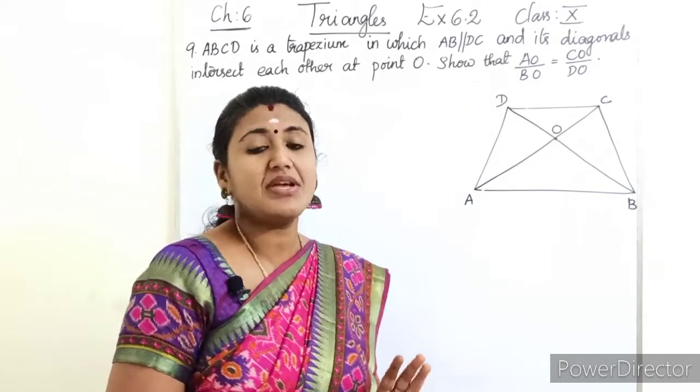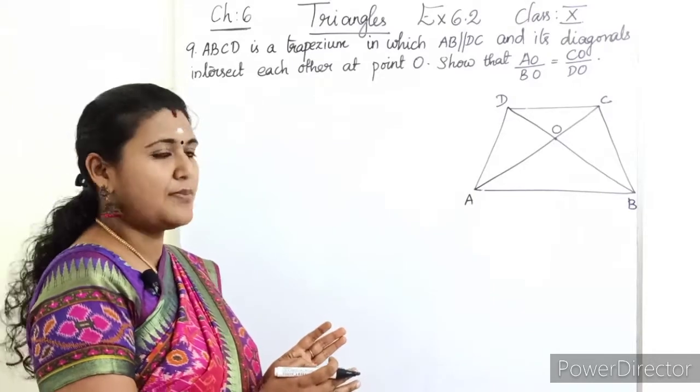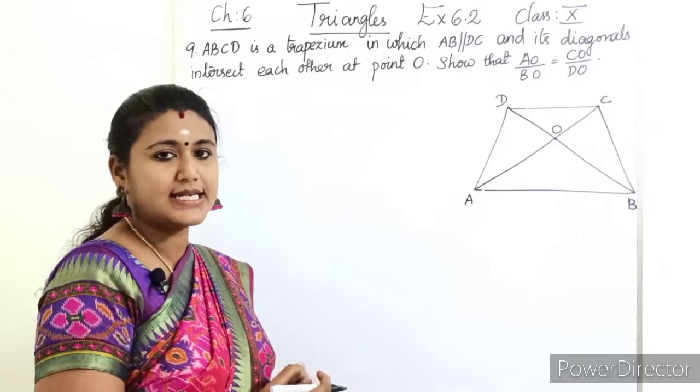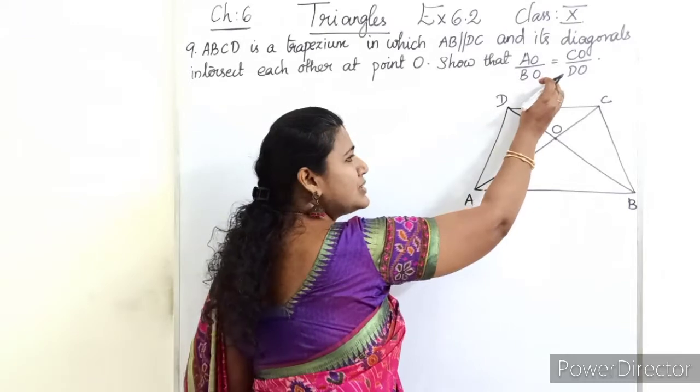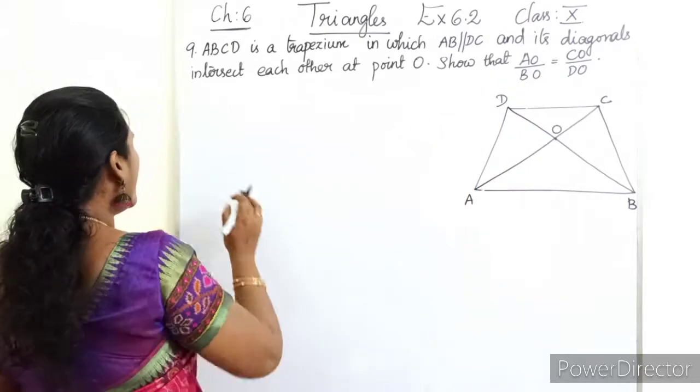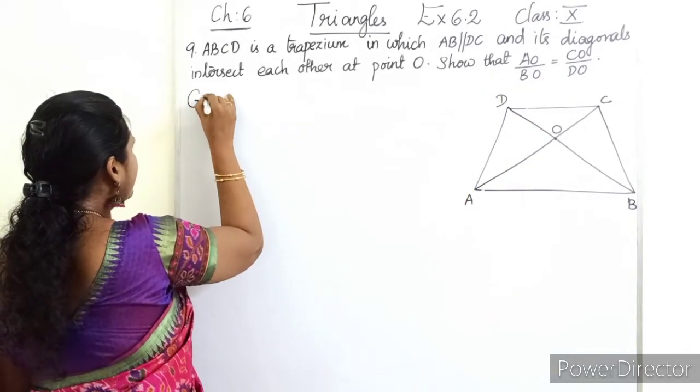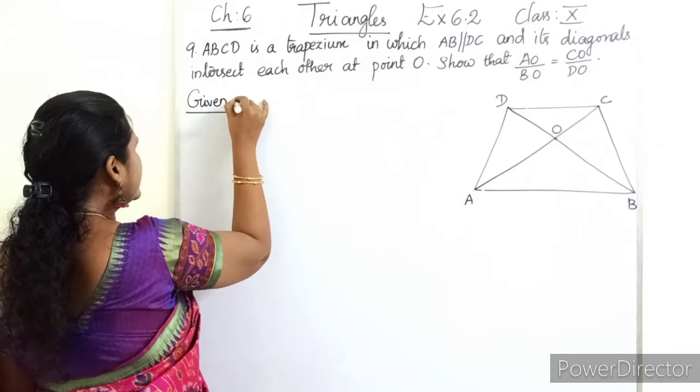So what is given? We have a trapezium ABCD in which the diagonals intersect at O. We have to prove this condition. So we will see how to prove this. First we will write given.